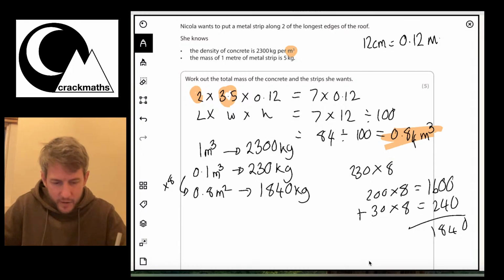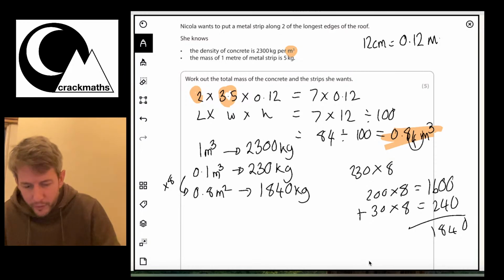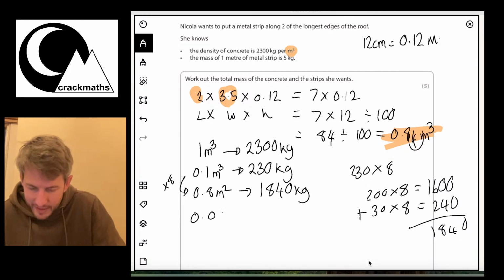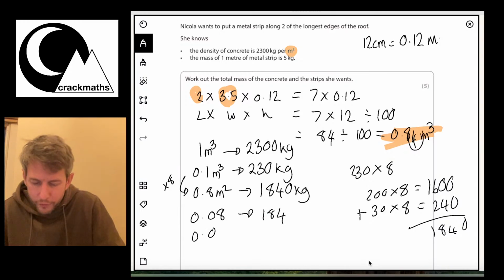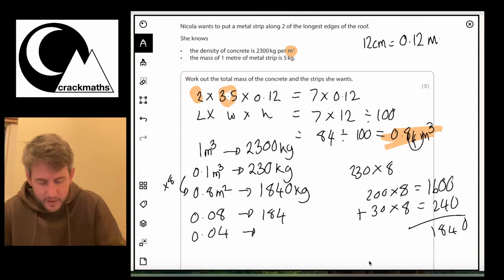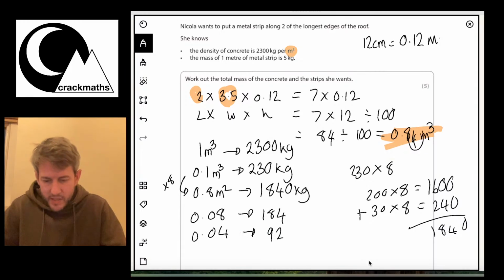Because that's what we need to work out, the 0.04. We know that 0.08 would be this divided by 10, 184. So 0.04 is going to be half of this, so that will be 92. Okay, so we know that 0.04 is 92 kg.